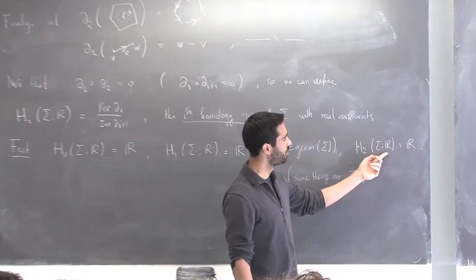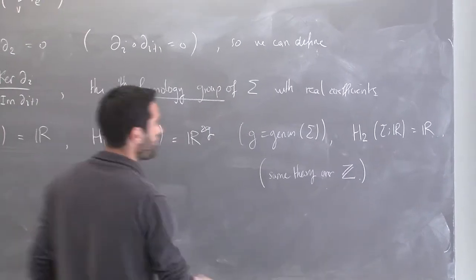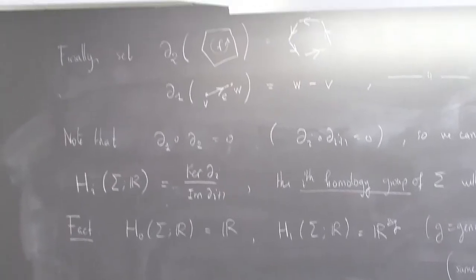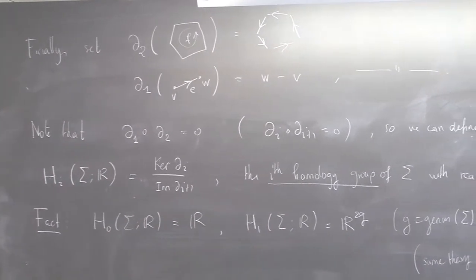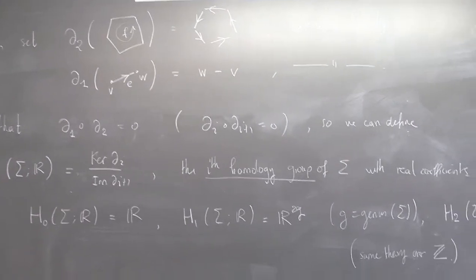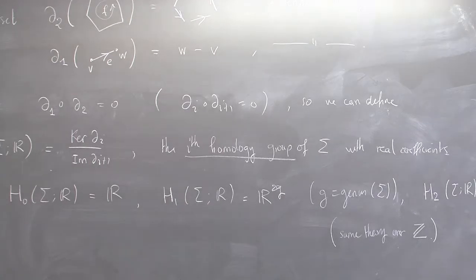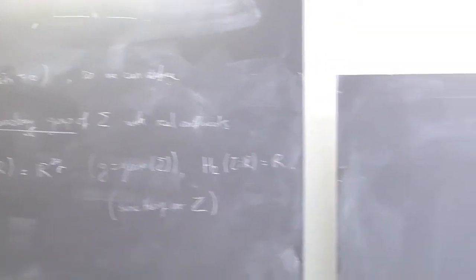Klein bottle with Z2 coefficients, you will get Z2. So it's just to say that it does make sense sometimes to change coefficients. You do get different information. Okay. The point here, of course, is that it does not depend on the graph that you have chosen to approximate your surface.